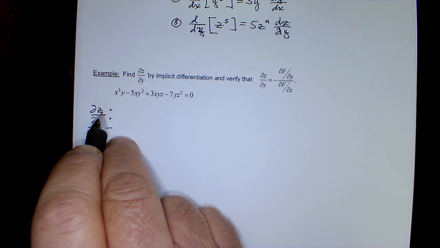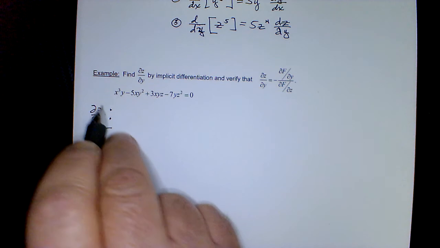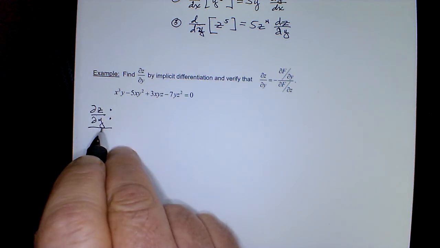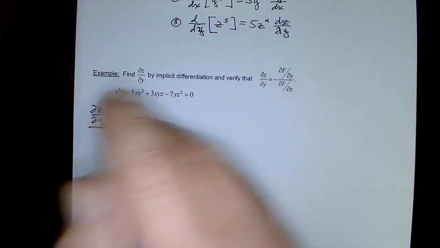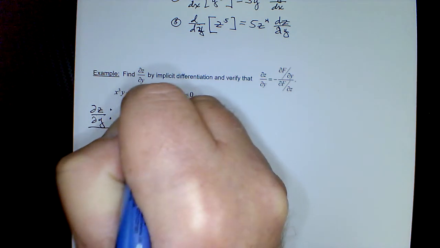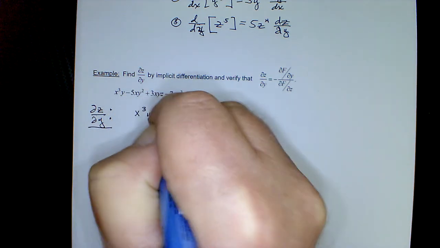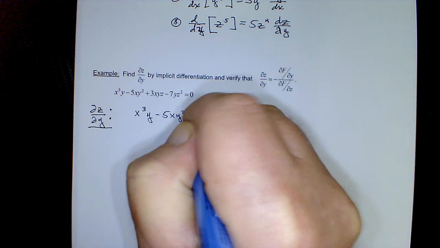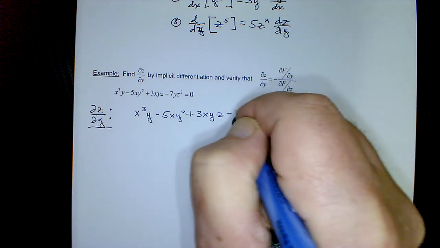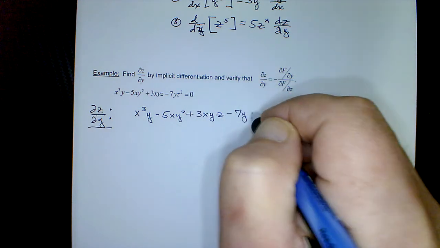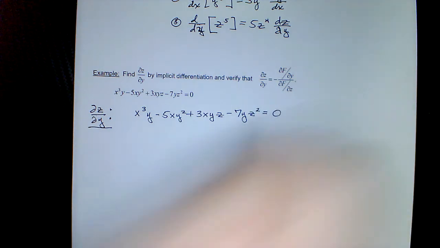So whenever we differentiate z, we're going to need to include the factor that represents the partial of z with respect to y. So when we start the differentiation process, actually let me recopy it. x cubed y minus 5xy squared plus 3xyz minus 7yz squared equaling 0.